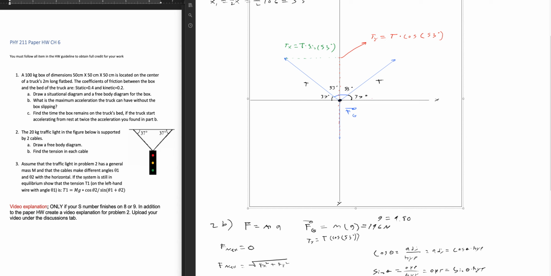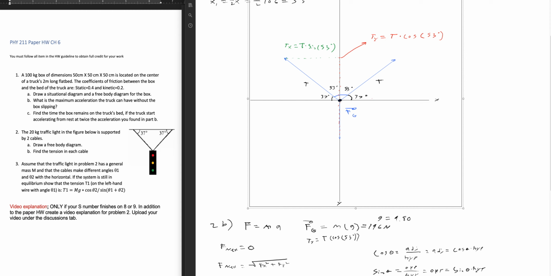Now, if, when in trig, I wanted to find the length of a side of a triangle, knowing the length of the hypotenuse and an interior angle, I simply looked at it, okay, is it opposite to whatever angle I'm studying or adjacent? In this case, Ty, which is this right here, the height of the vector, is adjacent to this angle, so it's cosine.